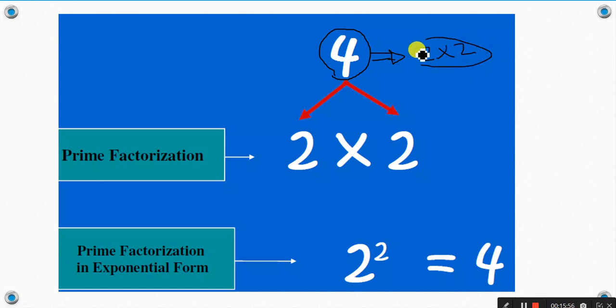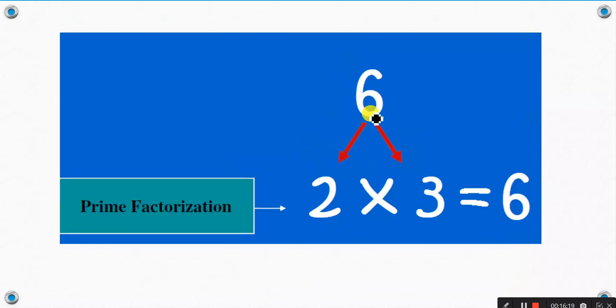So we can write it like this with prime numbers. This is known as prime factorization. When we write every number by prime factorization, we can simplify a number and we can get common factors or common multiples.